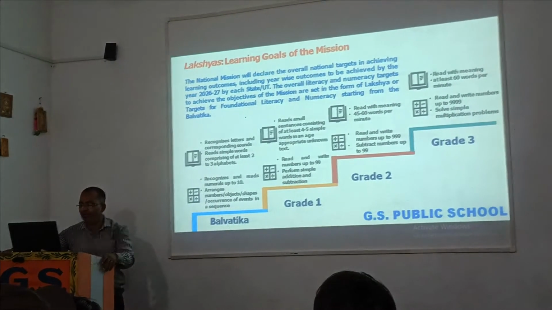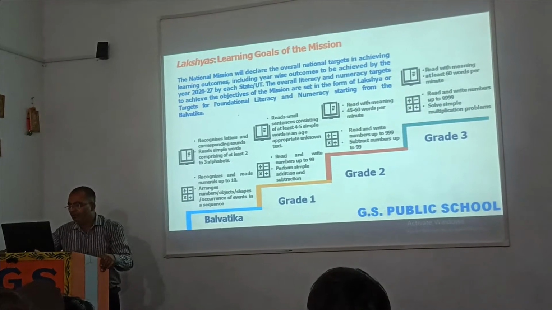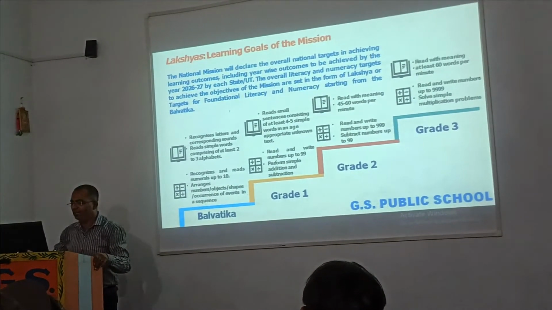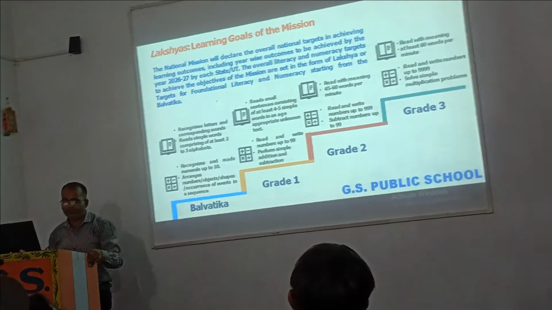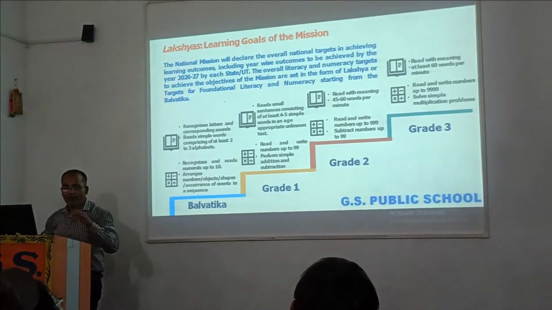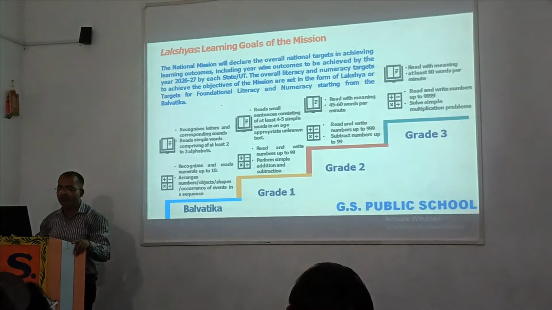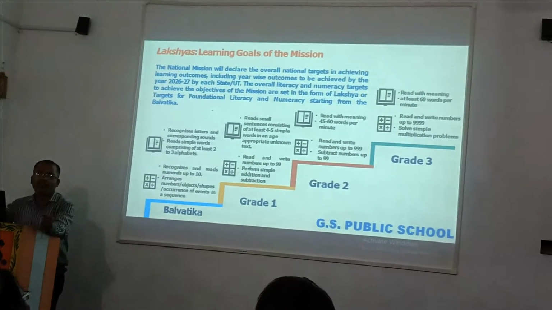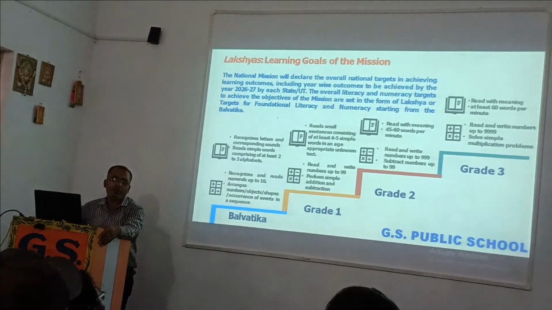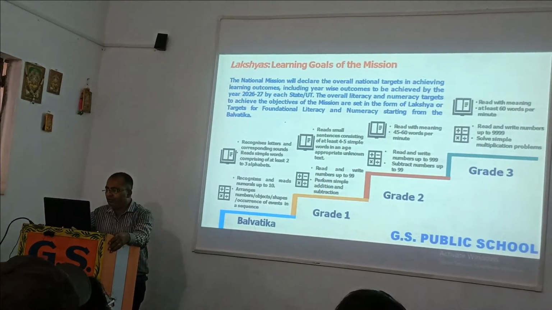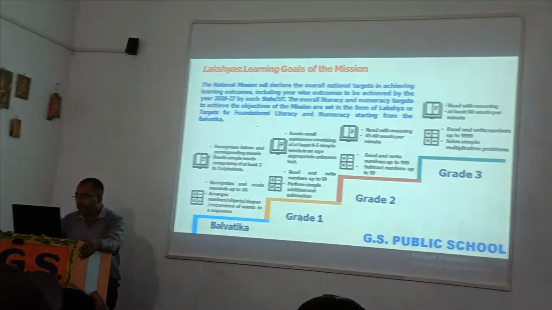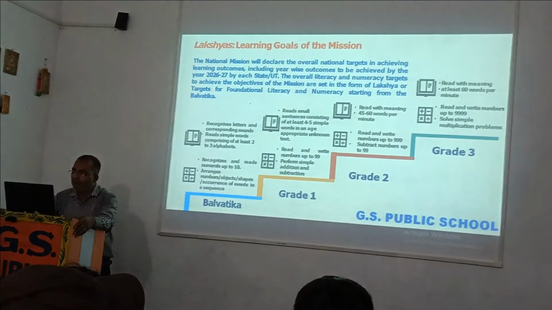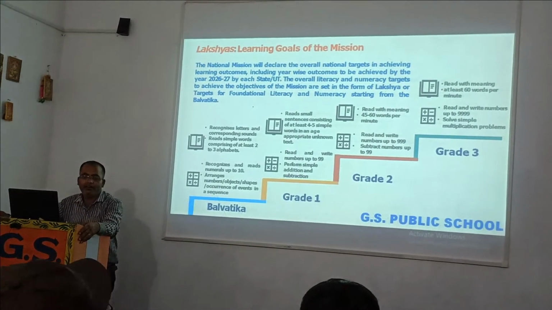Now moving on to grade 3, that student should be able to read with meaning at least 60 words per minute. The way the student will be promoted, we have to strengthen, or enlarge, the strength of words and numeracy and literacy. In grade 3, a student should be able to read and write the numbers up to 9999.